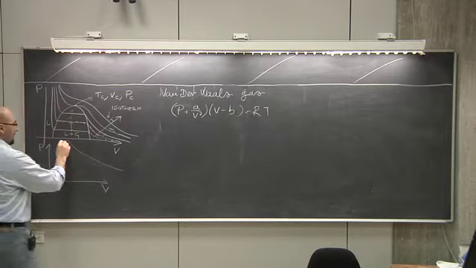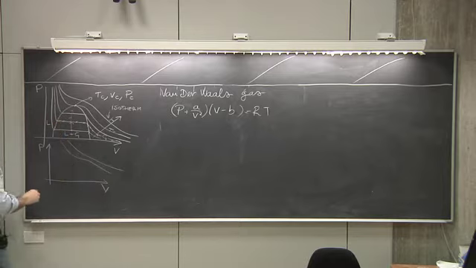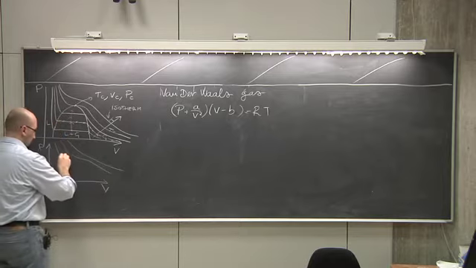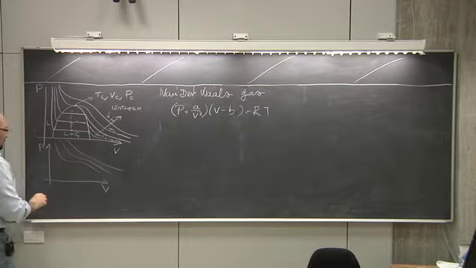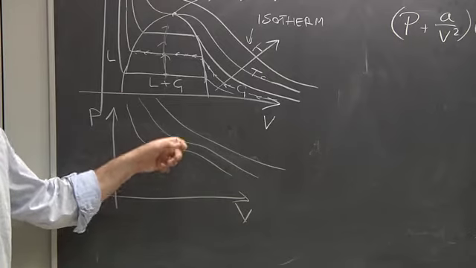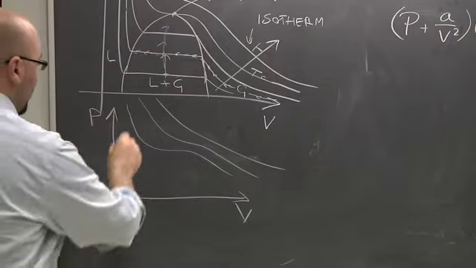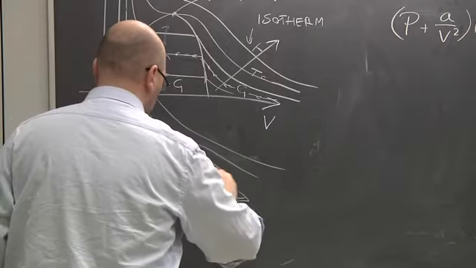Then you lower the temperature, and you start seeing something like this. But not quite. There is just one curve, at a critical temperature, at which you have a flex. And then they start doing like this.